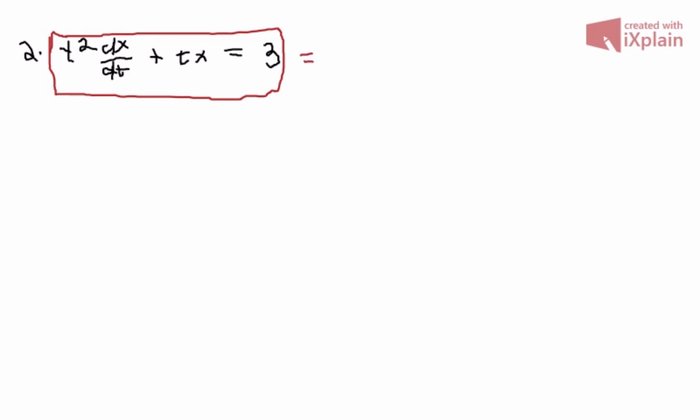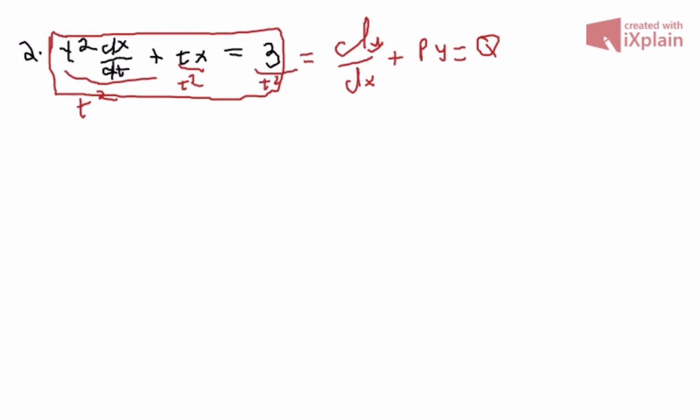The standard form of this should be, I'll always remind you, dy over dx plus py is equal to q. So we need to now divide both sides by t squared, everywhere, throughout.